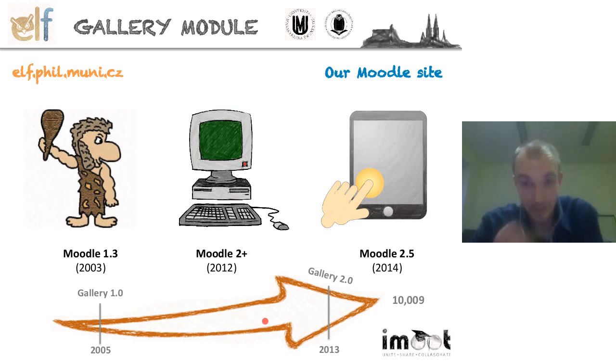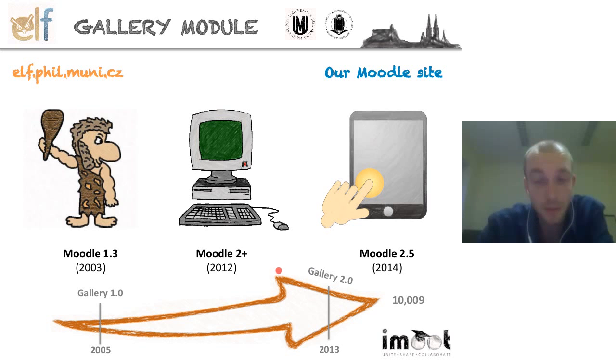So we had this gallery module already installed in Moodle 1.5, and we had this for the 1 plus series, but upgrading to 2 something, it was necessary to find a new gallery, because this was our own module, and we had to decide whether to build our own again or just choose some gallery module from the plugins list.